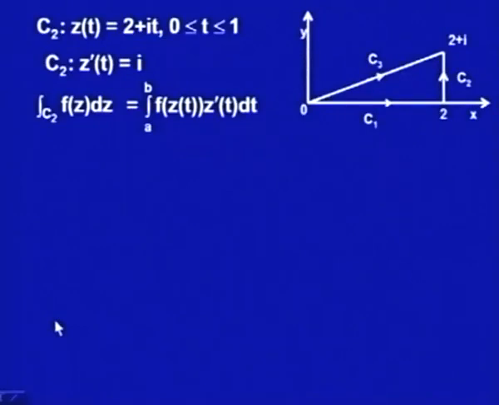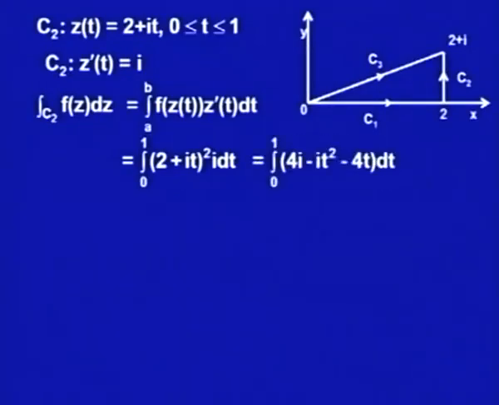My f(z) is z square, so f of z(t) I have to write as 2 plus it whole square, and z dash t is i, dt. This whole square would be 4 plus i square t square, that is 4 minus t square plus 4it, multiplied with i, and we get the integral from 0 to 1 of 4i minus it square minus 4t, because plus 4it into i gives i square as minus 1, so minus 4t, dt.